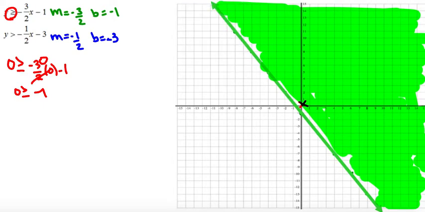Okay, so we do the same thing to the blue inequality. So I start at -3 on the y-axis. My slope is -1/2, so I go down 1 to the right 2.